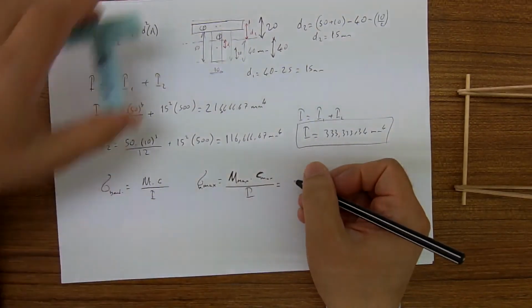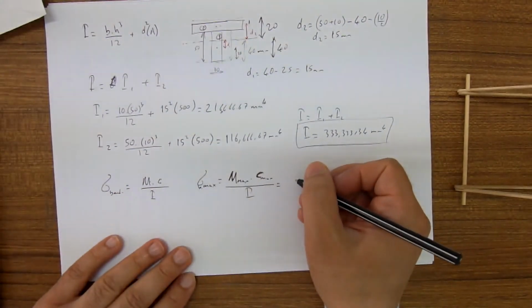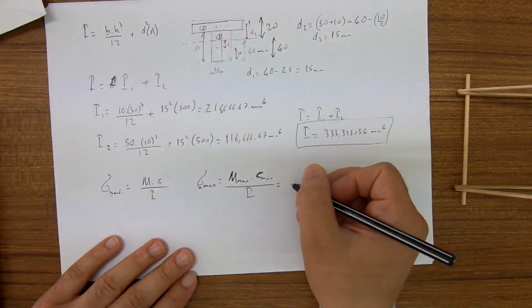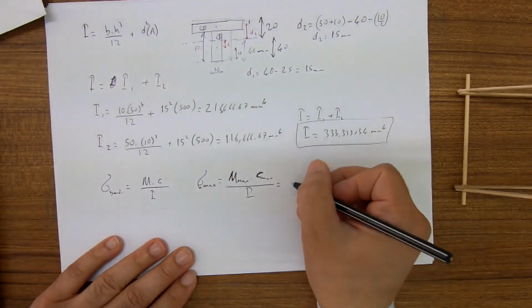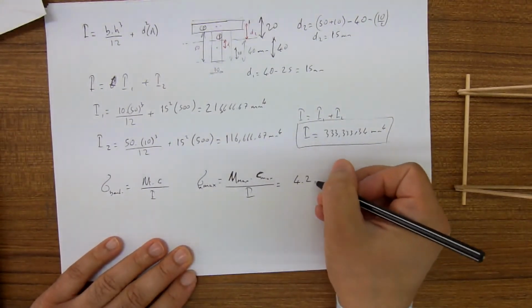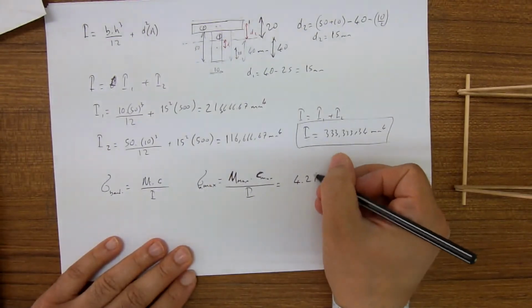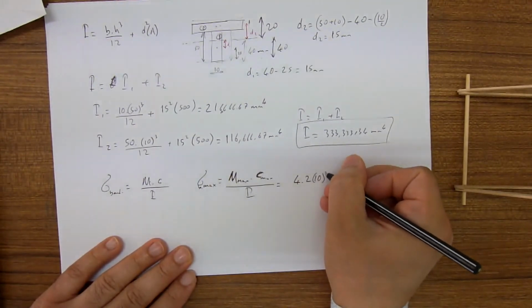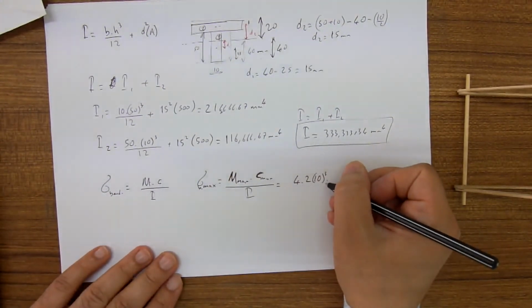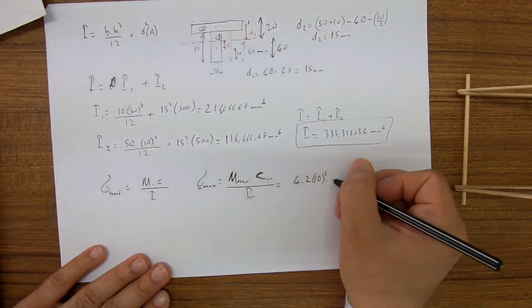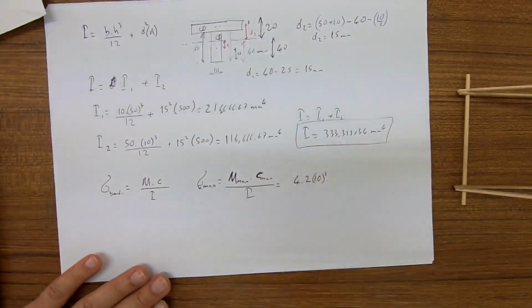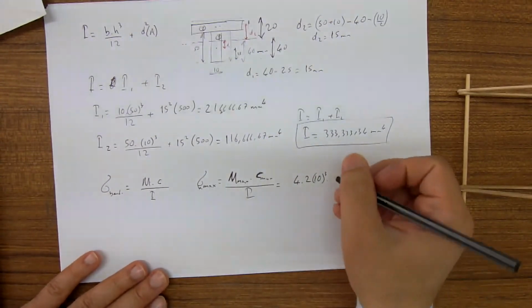So what was M max? We found 4.2 kilonewton meters. It doesn't matter if it is minus or plus. It is in kilonewton meters, and now I made it newton meters, and I want to convert it to millimeters.